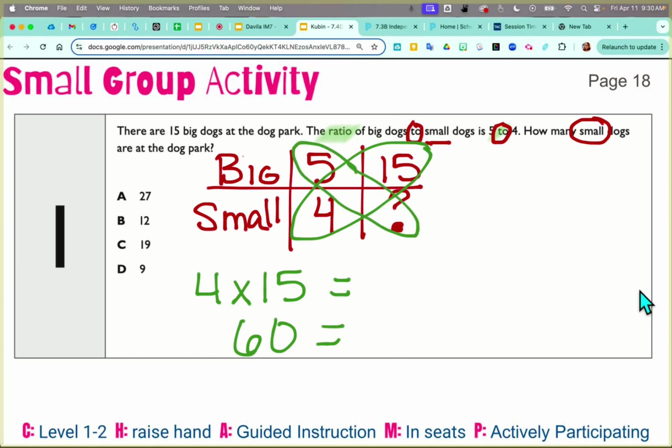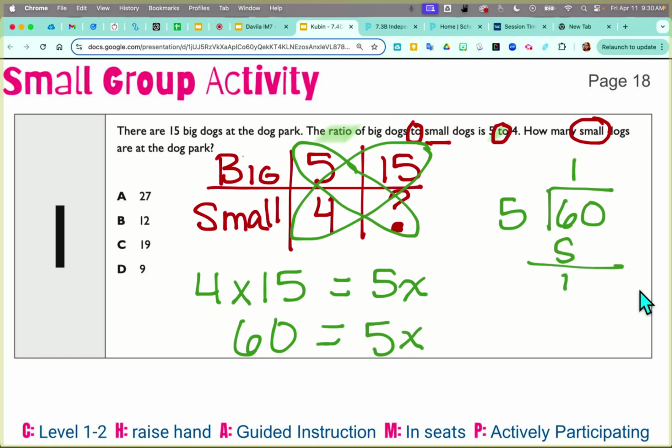And 5 times question mark is 5x. And 60 divided by 5 is 12. And that would be my answer.